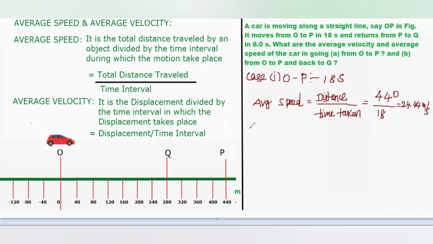Then what about the average velocity in this case? It is equal to the displacement divided by the time taken.